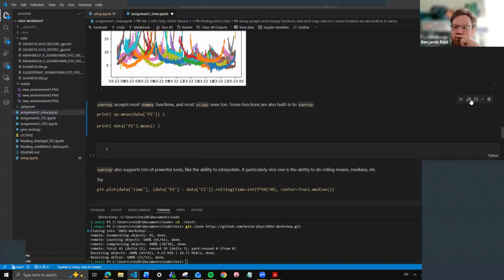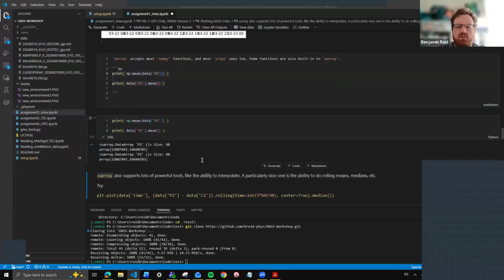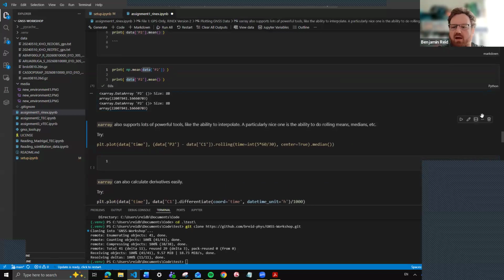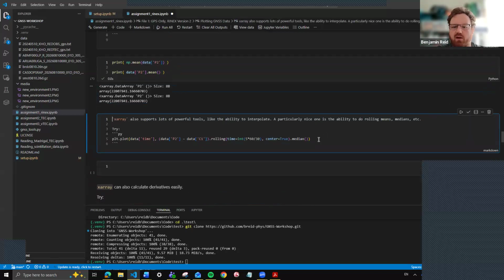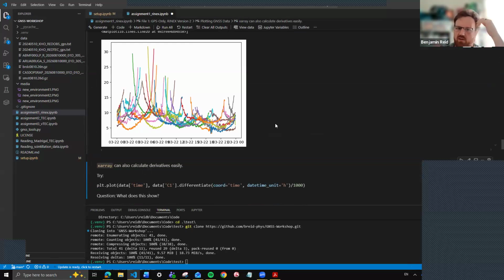You can do other stuff. There's just lots of examples of using xarray. If you want to take a mean, there's a few different ways you can do something like that. You can throw these things into NumPy functions, and they will work. You can take a mean of something. There's another one here. If you want to do a rolling average, this is trying to smooth those arcs from before.